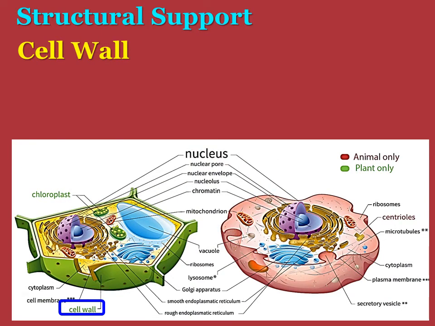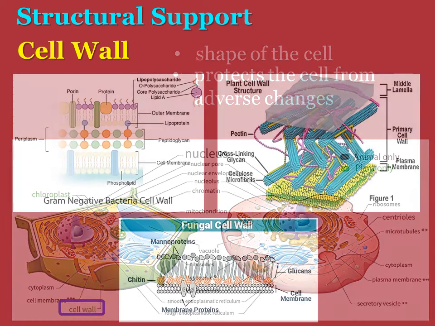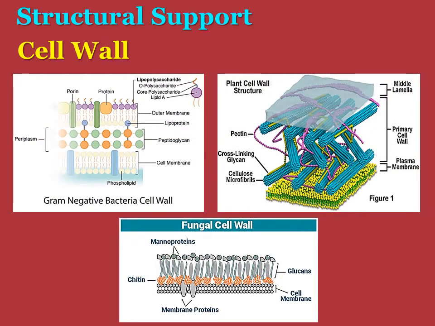In addition to the plasma membrane, a cell wall can be found in specific cells. The cell wall is responsible for the shape of the cell and protects the membrane and the cell interior from adverse changes in the environment. As mentioned in our previous lecture video, bacterial cell walls are mainly composed of peptidoglycan.